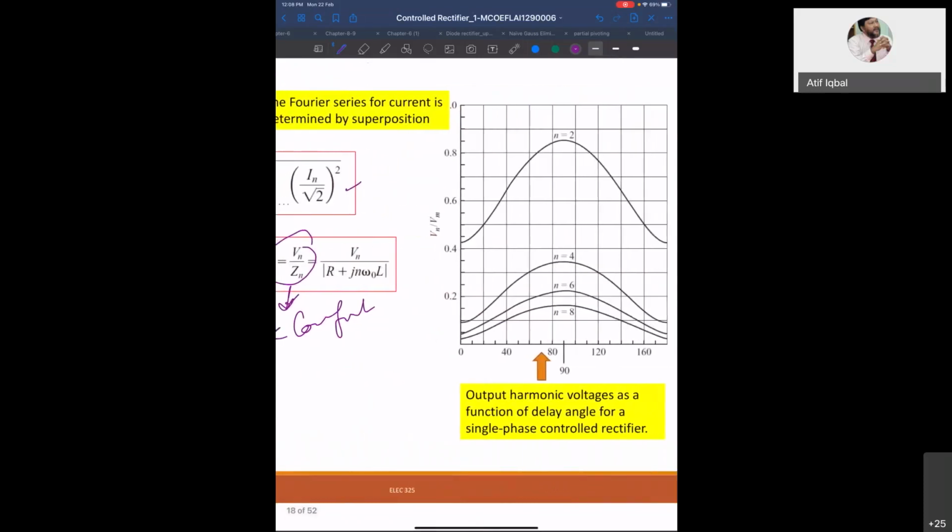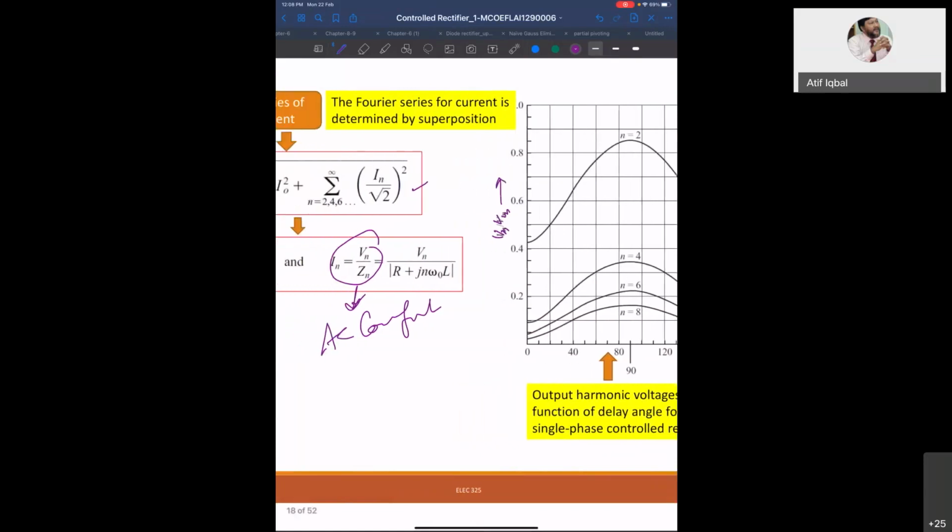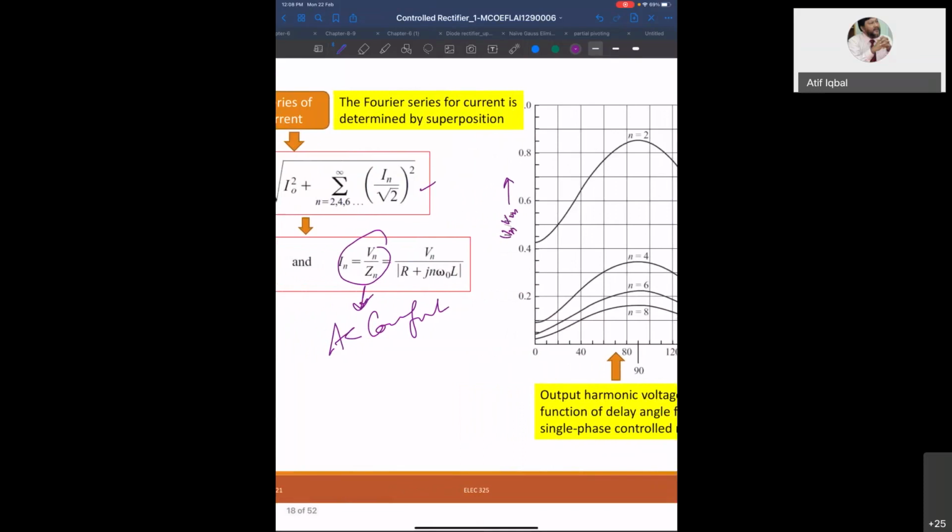This graph is giving you Vn over Vm, that means the normalized value of the AC component of the output voltage. Vn is your harmonic component.